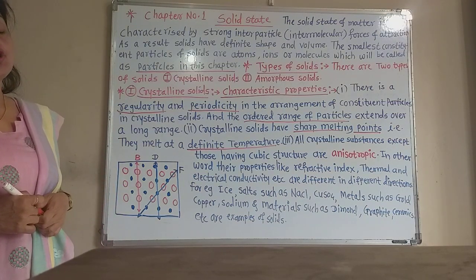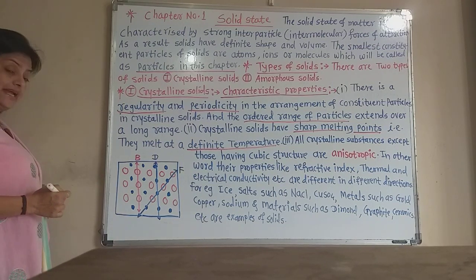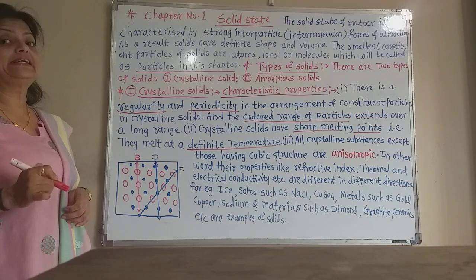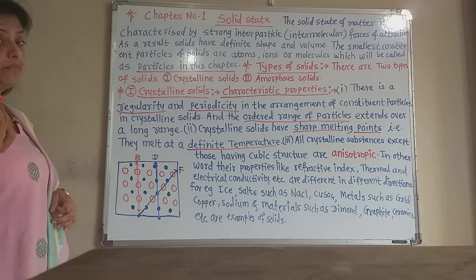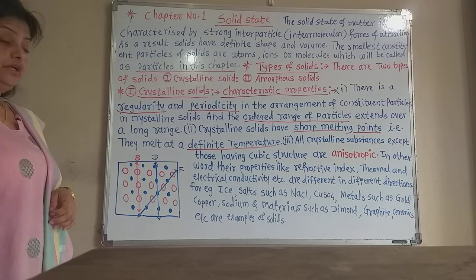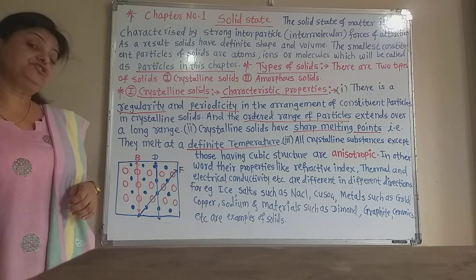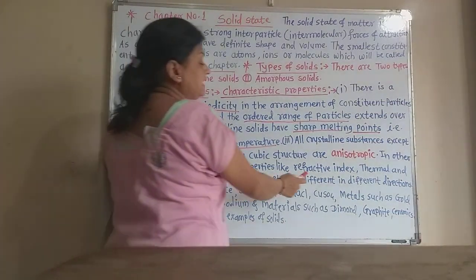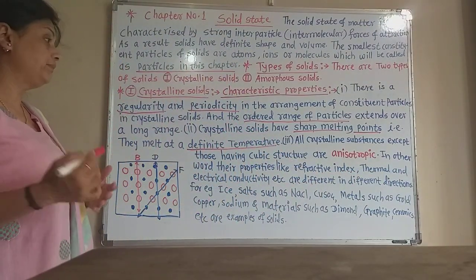That is the property of crystalline solids in which properties such as refractive index and thermal and electrical conductivity change if the direction of arrangement of particles is changed. In other words, anisotropy means their properties like refractive index, thermal and electrical conductivity, etc. are different in different directions.